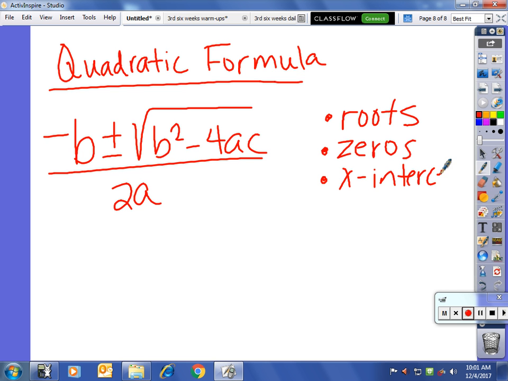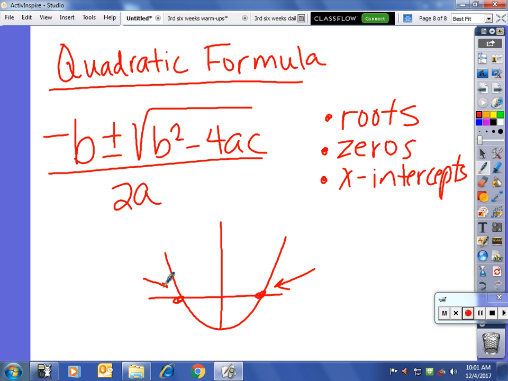X-intercepts. Exactly. So this is just yet another way for us to figure out where a parabola or a quadratic function is going to cross the x-axis. We're looking for those two important, well, there's not always two, but today there are going to be 2 points where it crosses the x-axis. Those are the zeros, the roots. The solutions when the function equals 0.